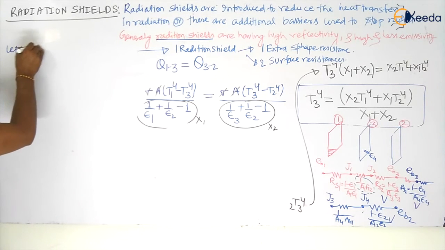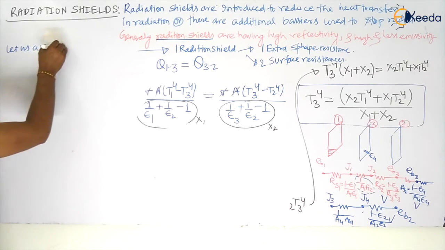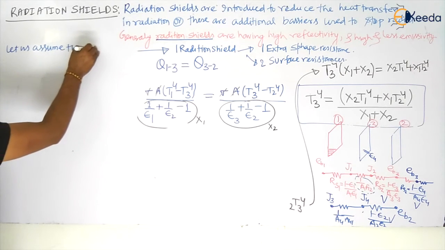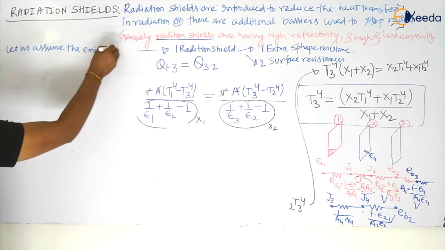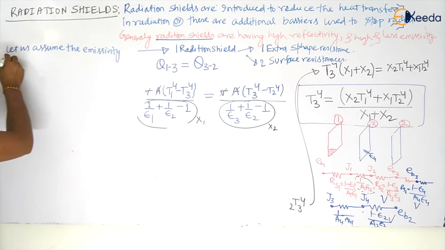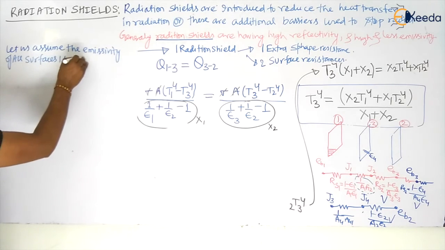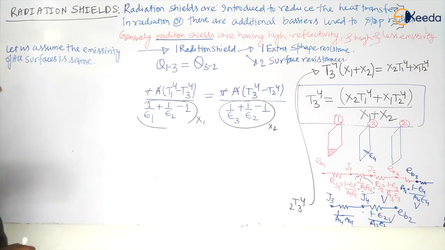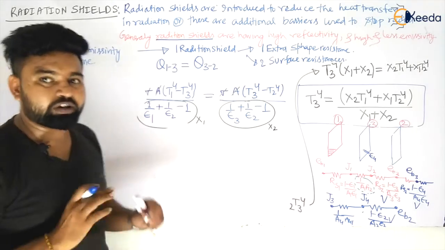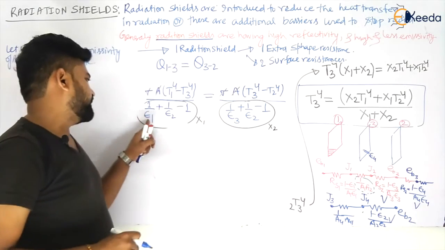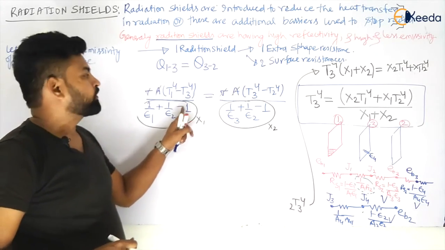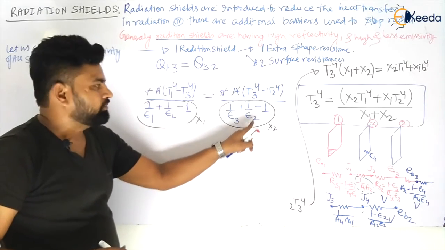Let us assume the emissivity of all surfaces is the same, my dear students. So when emissivity is the same, what will happen? This will become 1 upon E, 1 upon E minus 1, 1 upon E plus 1 upon E minus 1.